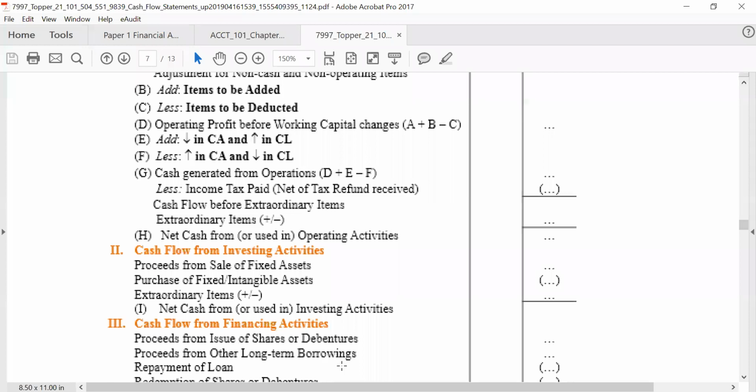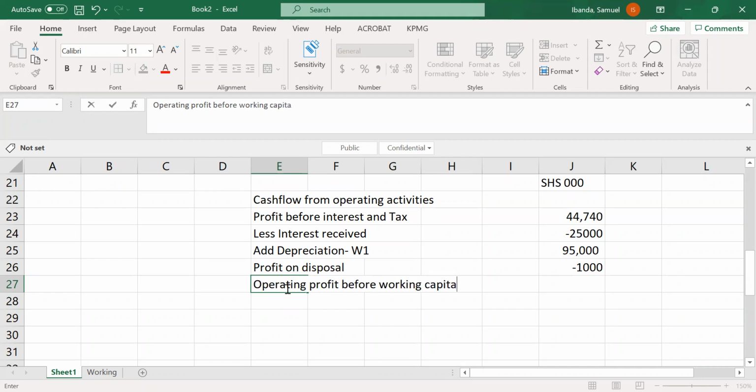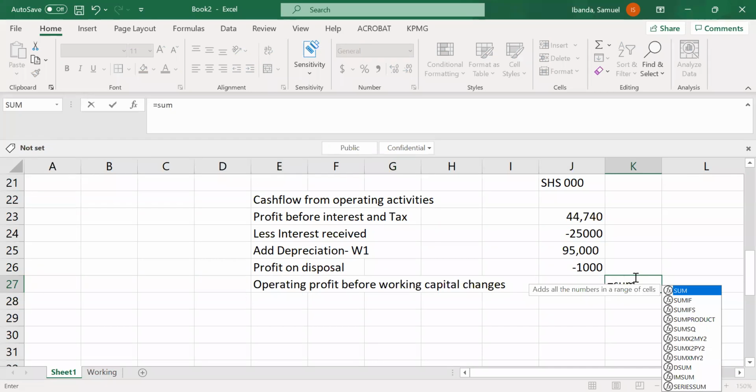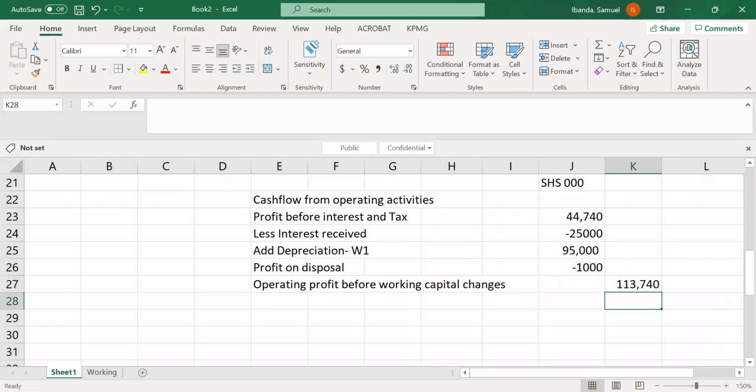So before working capital changes, when you put all this together, you come to about 113,740.